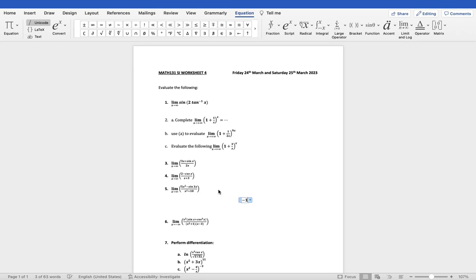We do know that minus 1 is less than or equal to sine of 3x, which is less than or equal to 1. We know this from our trigonometric identities: sine and cosine of any angle will always be between -1 and 1.